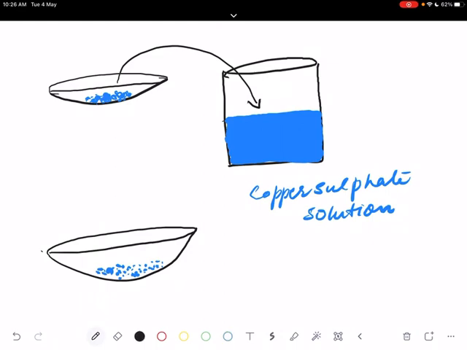I'm marking salt with black, so you can say where is salt and where is copper sulfate. So this is a heterogeneous mixture.